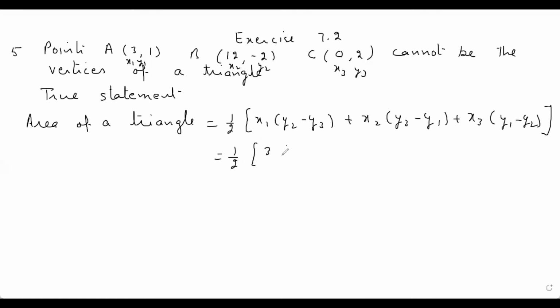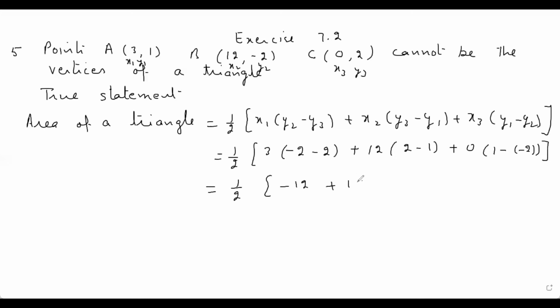You will have 3(-2 minus 2) plus 12(2 minus 1) plus 0(1 minus (-2)). This is equal to half of (-12 plus 12 plus 0). That is half into 0, that is 0.